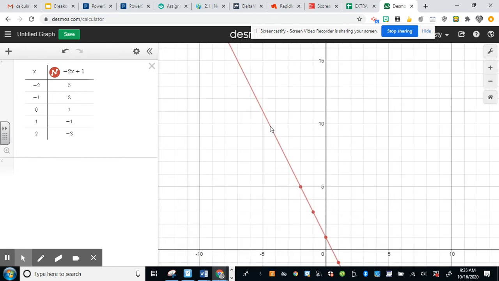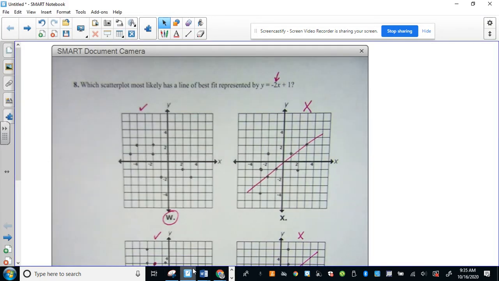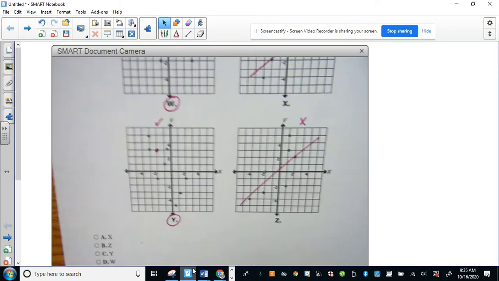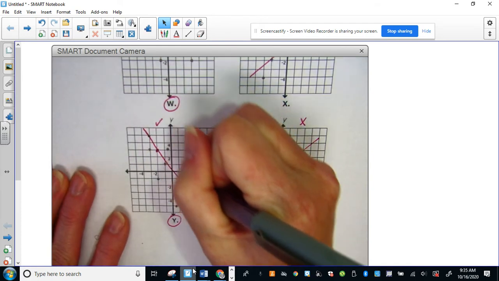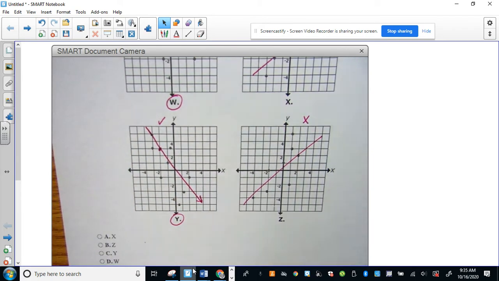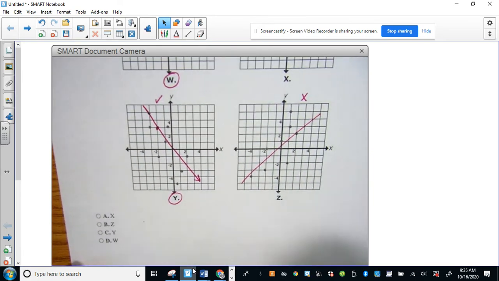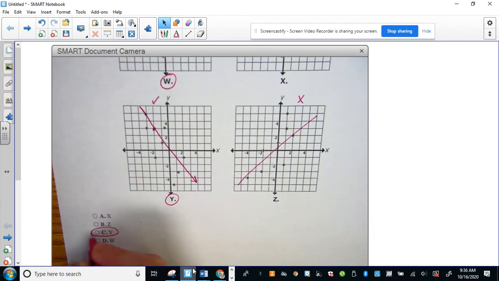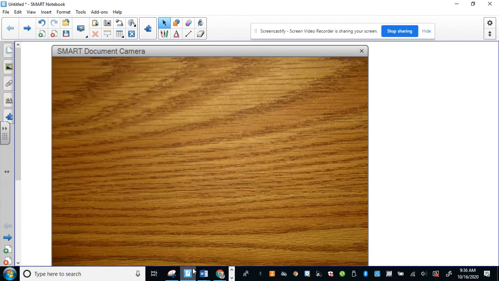Looks like it's almost close to 10. Okay, so it should be more steep than that. My guess is Y. Looks like this one goes through the most, catches the most points. So the answer for number 8 would be C.